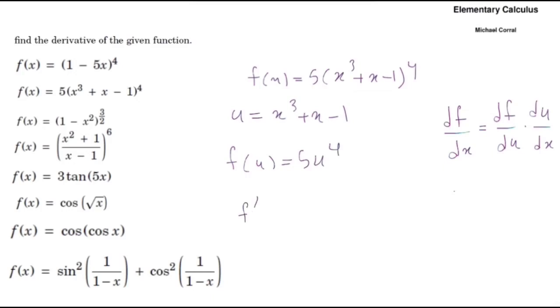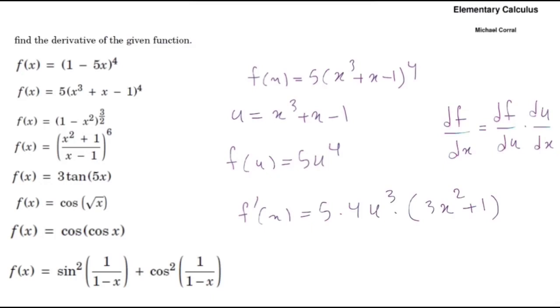So f prime of x equals df with respect to u, which is 5 times 4 times u cubed, times du with respect to x, which is 3x squared plus 1.